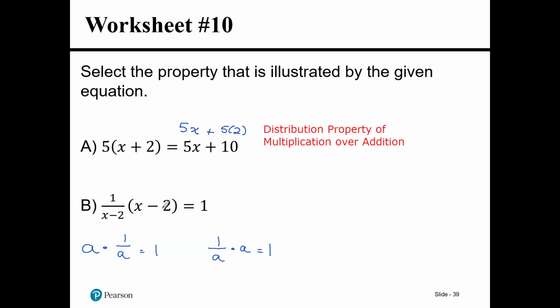So I have x minus 2 and I have an x minus 2. So 1 over x minus 2, like we have here, times x minus 2 equals 1. So we got multiplication and we have an inverse property, the inverse property of multiplication.